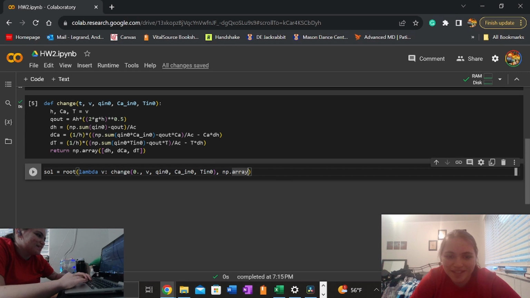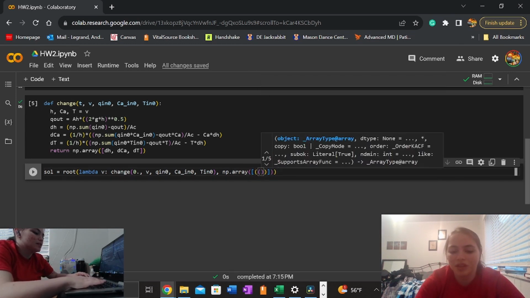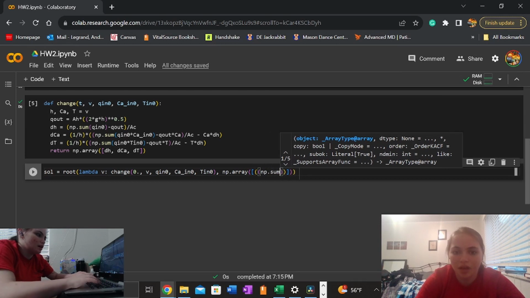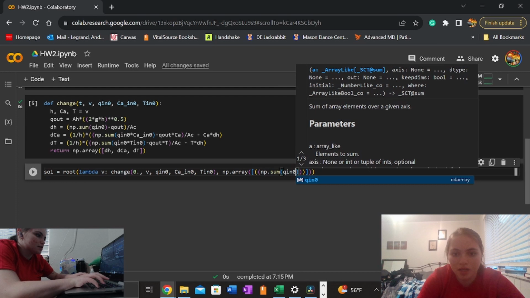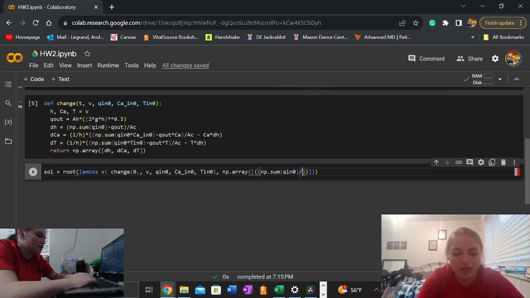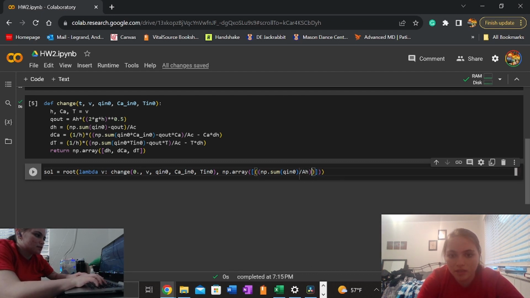It should be parentheses, bracket, and then B will be np.sum of our Q in naught, close that parentheses, you divide it by our area of the hole. Alright, and so there's that.